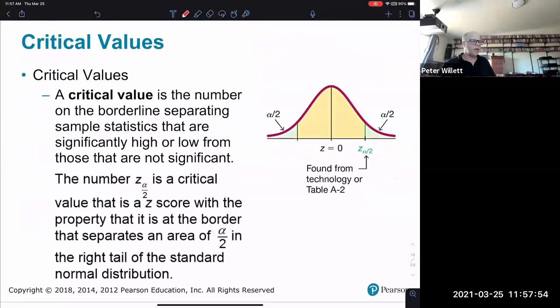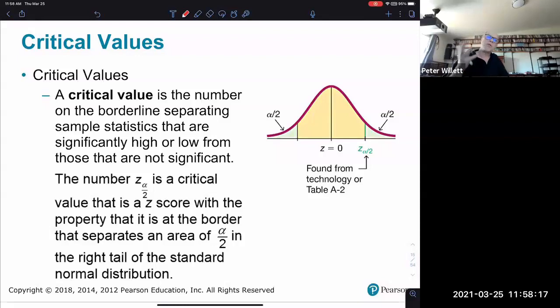Okay, so now we're going to get to the math a little bit. So we're going to start to introduce some labels, and we need to get into them a little bit so that we can understand what they're referring to when they talk about a critical value and certain z-scores or z sub alpha over 2 scores as they're showing us here.